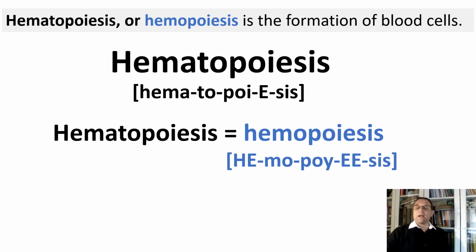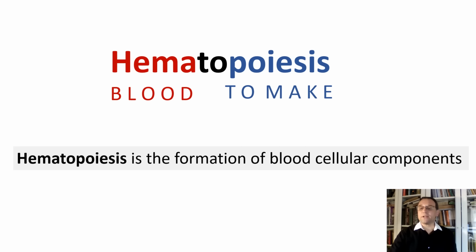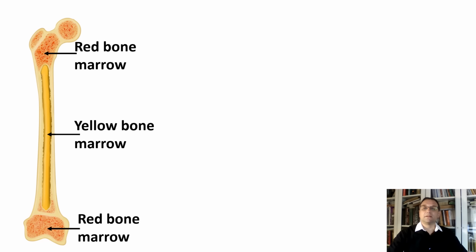Like leukocytes, the erythrocytes are produced in the red bone marrow during the process of hematopoiesis. The word hematopoiesis is from Greek, meaning to make new blood. Hema means blood, and poiesis means to make.